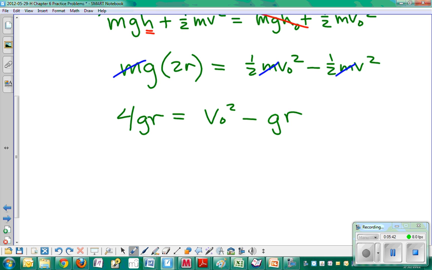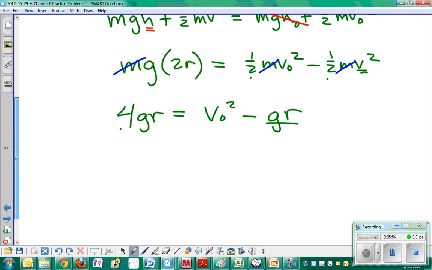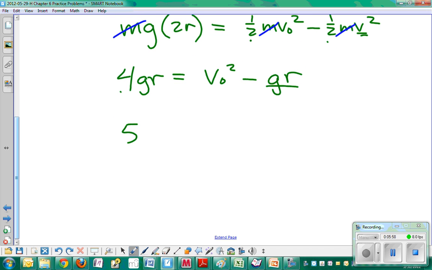Everybody all right with that? So I multiplied through by 2, and I multiplied through here by 2 to get rid of those. So this 2 became 4, and then I substituted for v squared, I substituted gr. So now I'm going to have to add gr to each side. So 5gr is equal to v naught squared. So r is equal to v naught squared over 5g.